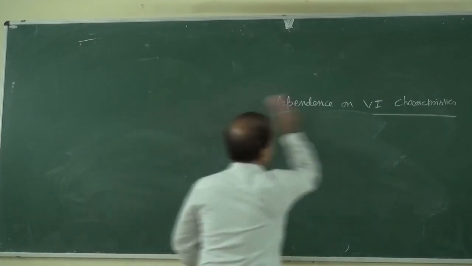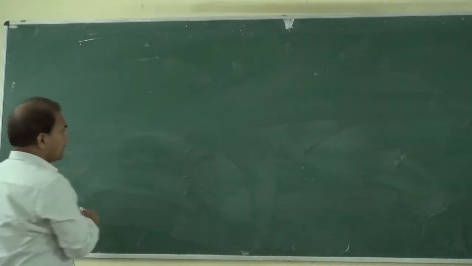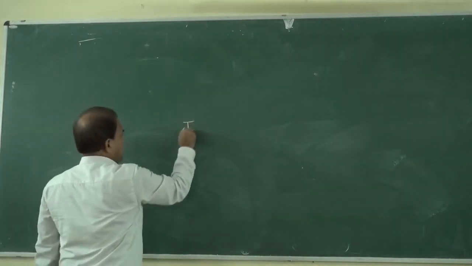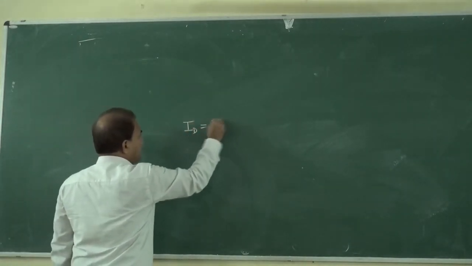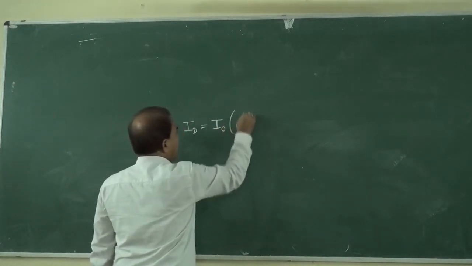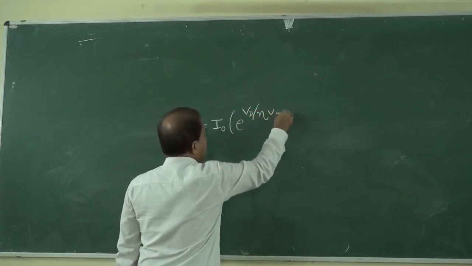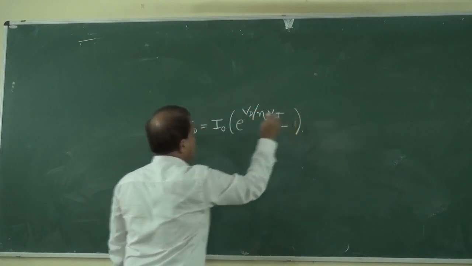So this graph satisfies this equation. ID is equal to I naught into e to the power Vd by eta Vt minus 1.